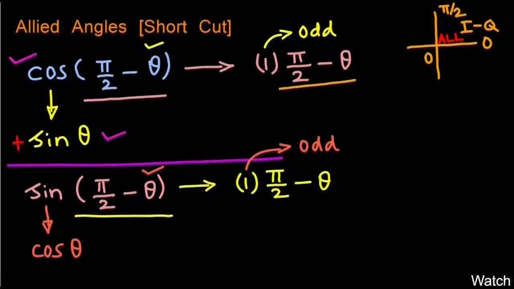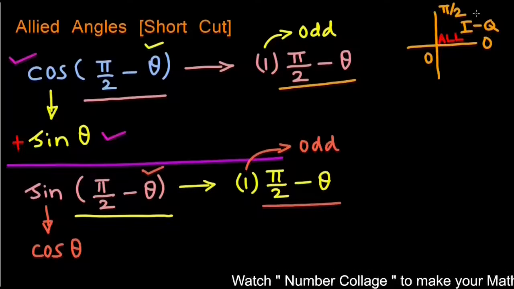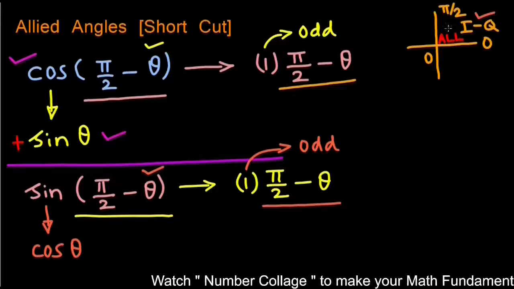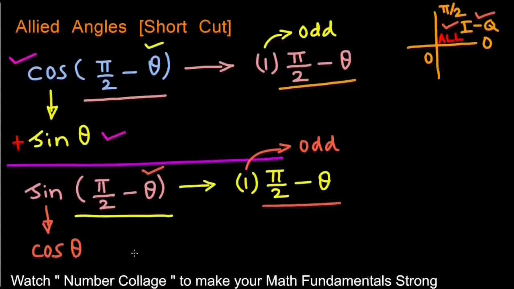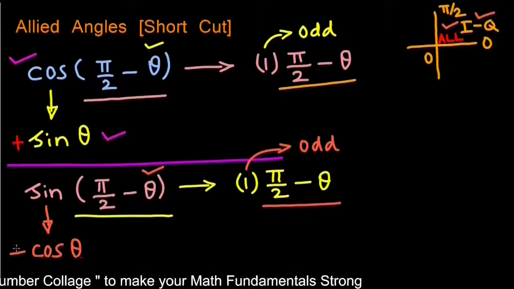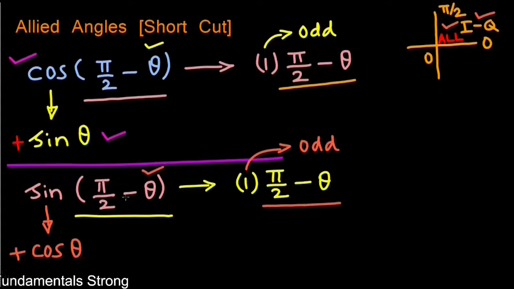Next, we have to check in which quadrant pi by 2 minus theta lies. Obviously, it lies in the first quadrant, and in the first quadrant all trigonometric ratios are positive. Therefore, this cos theta will also be positive. So therefore, sine of pi by 2 minus theta is cos theta.